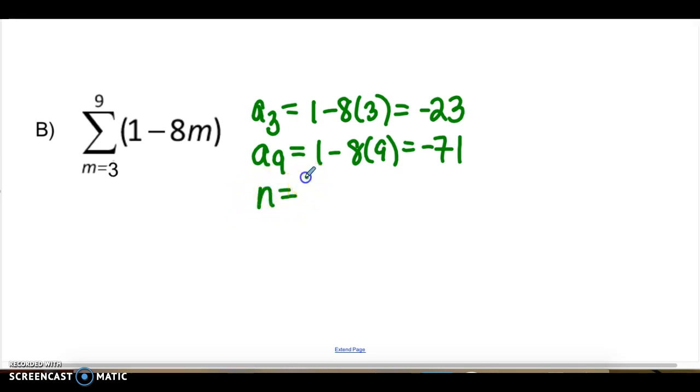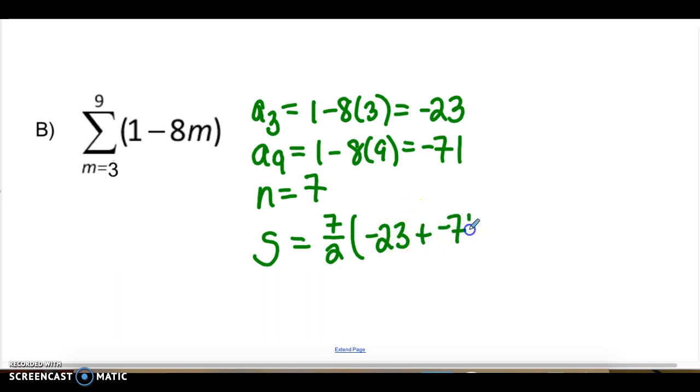If you go from the third to the ninth, you actually have 7 terms. So your sum is going to be those 7 terms divided by 2 times the first term in the series, which was negative 23, plus the last term, which was negative 71. That sum is going to be 3.5 times negative 94, which is negative 329.